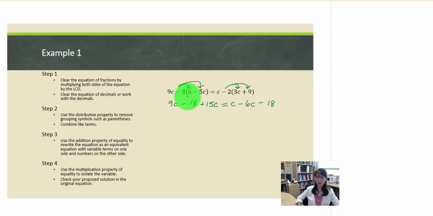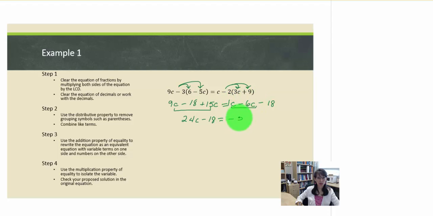But notice that you have some like terms. We have two terms with a variable, so we need to combine 9 plus 15 to get 24c minus 18. And on the right-hand side, c minus 6c are like terms. So this c really is 1c minus 6c.